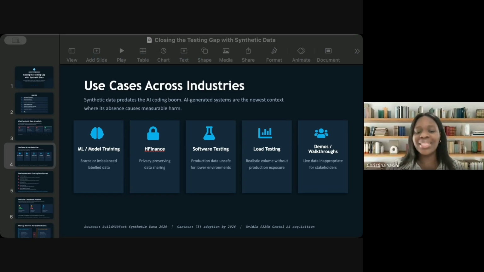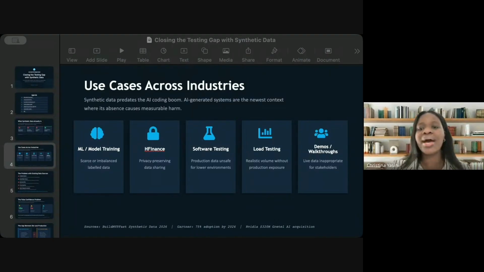And this is where synthetic data fits in, right? It allows you to fill that gap of behavior, of account structures, of transaction patterns, and generate these customer records, these account histories, these transaction flows that are statistically realistic without containing any real personal information. And the system then gets tested against that meaningful data where no real data is ever exposed or you have to worry about compliance in that case.